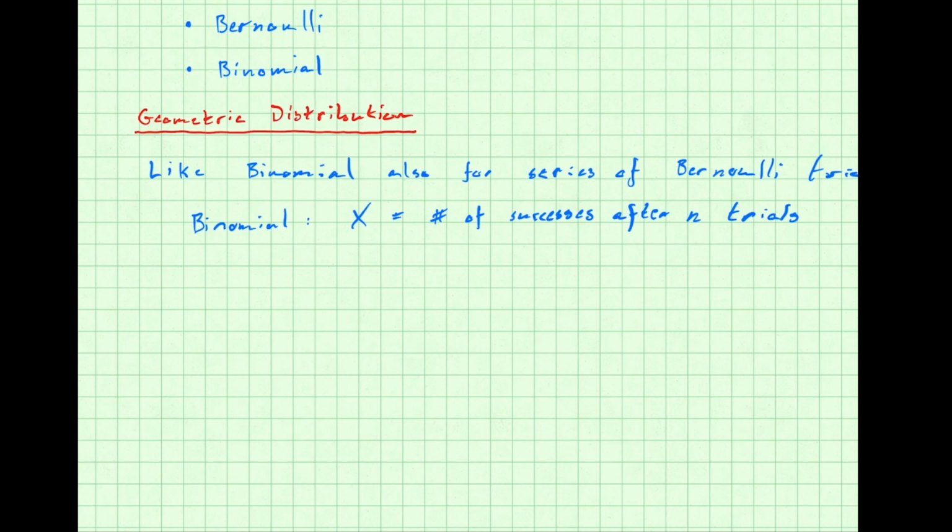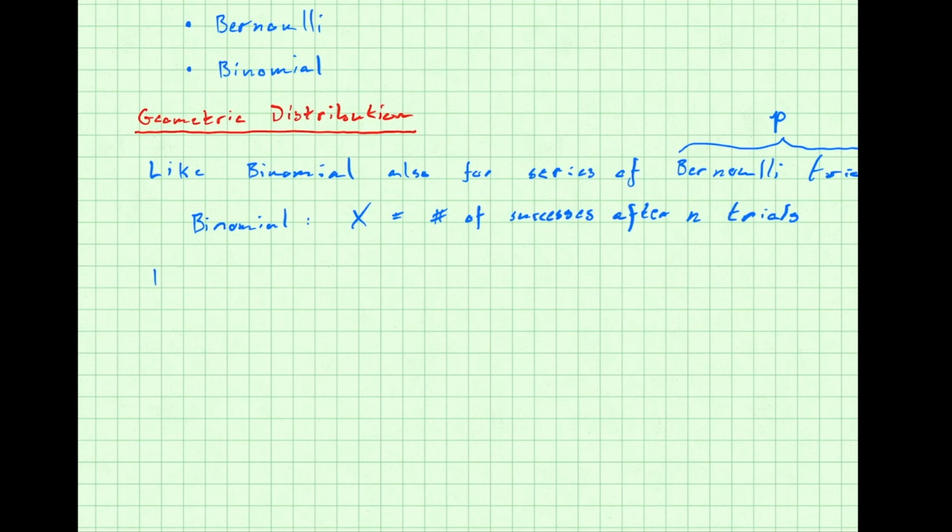And let's say these Bernoulli trials have a parameter, the probability of success, p. The binomial distribution inherits it from the Bernoulli distribution, but it also has another parameter, which is the number of trials. And the random variable you try to describe is how many successes you get after n trials.